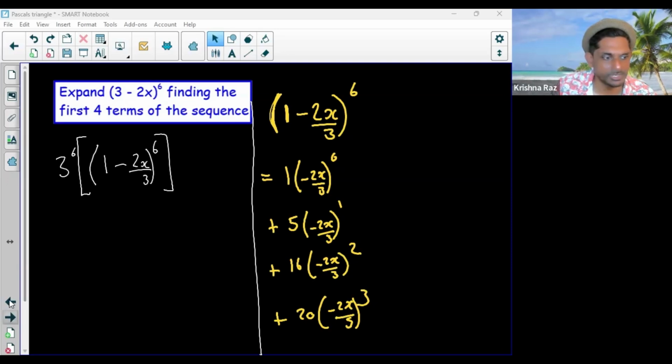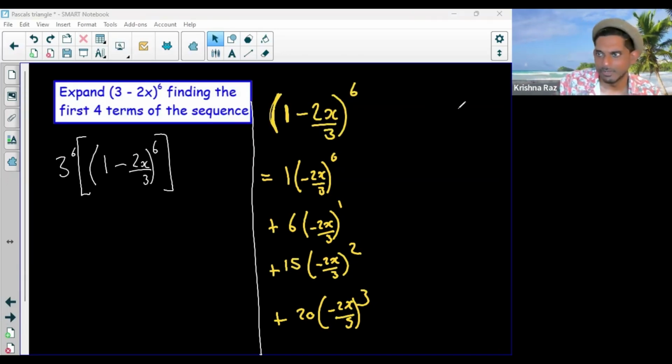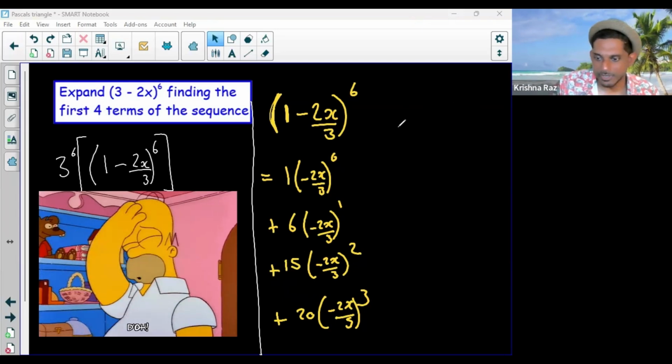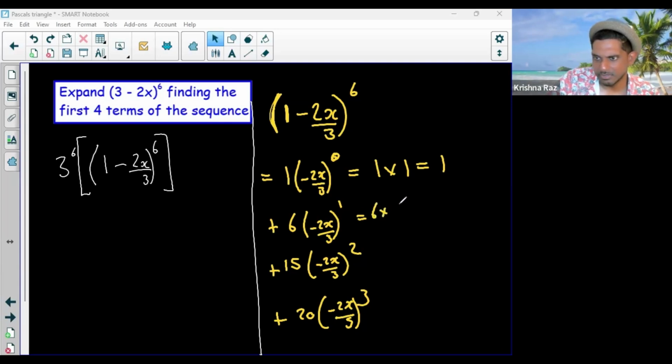Let me just double check. 1, 6, 15, 20. Probably should have just drawn the triangle, shouldn't I? Anyway, so if we simplify that, we're going to get 1 times 1, which is 1. So that's our first term. And then here we're going to get 6 times minus 2/3 x. So I'm going to think of it that way, which will give us minus 4x.